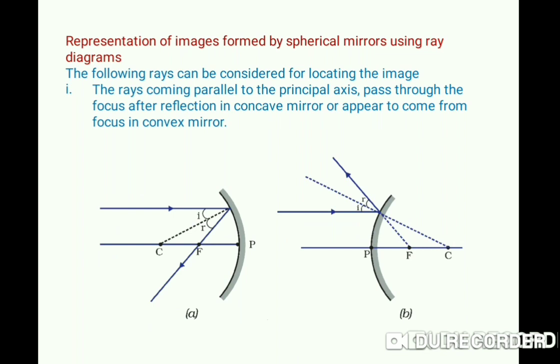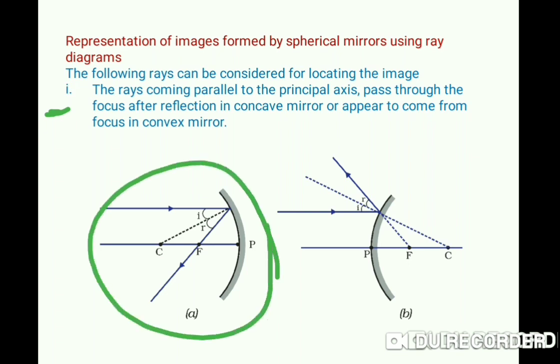Now, representation of images formed by spherical mirrors using ray diagrams. The following rays can be considered for locating the image. You can simply say these are the rules for image formation. First rule: the rays coming parallel to the principal axis pass through the focus after reflection in a concave mirror, or appear to come from the focus in a convex mirror.